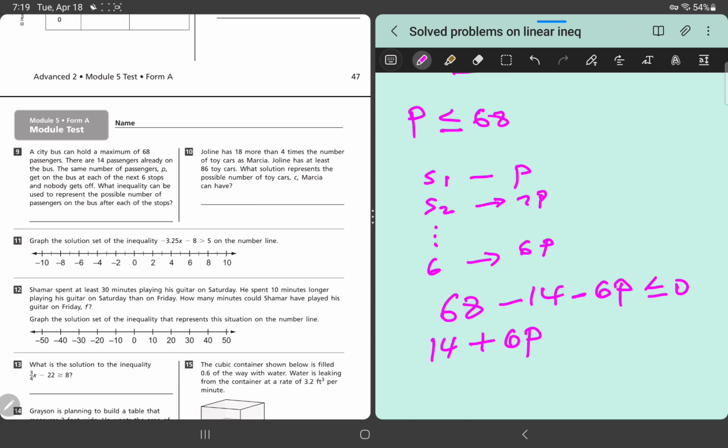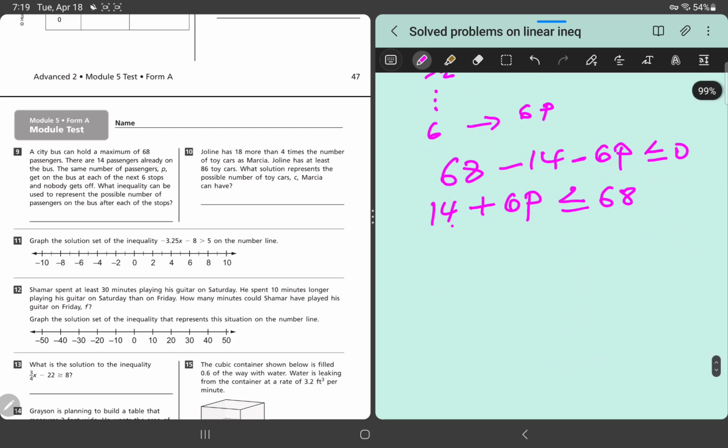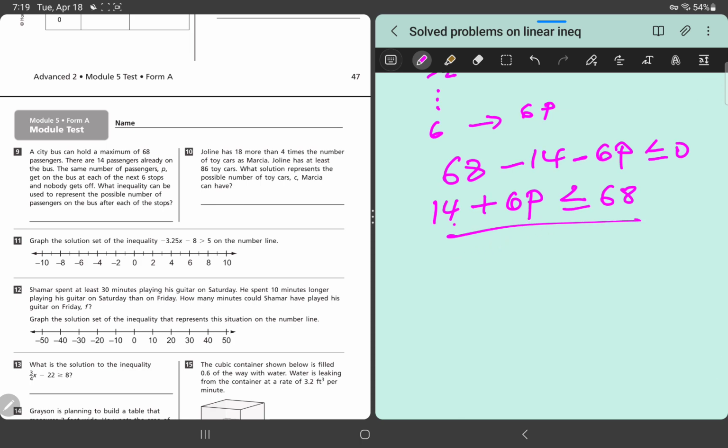The sum of this can be maximum 68. This is less than or equal to 68. When it is fully loaded, it's 68. When there is some more space, it's going to be less than 68. So this is the inequality that this thing may describe.